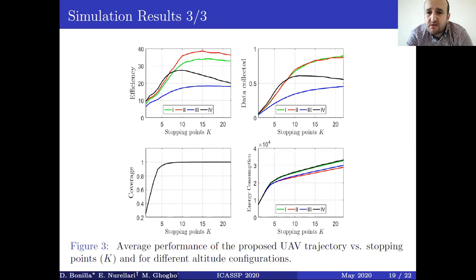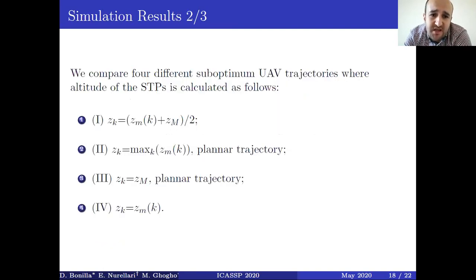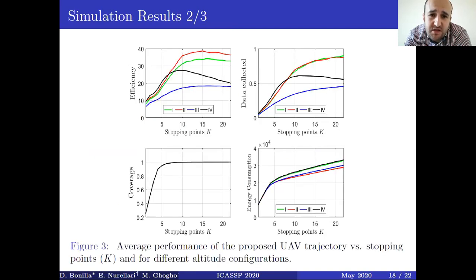Now, these are the results presented for the 4 different scenarios stated previously. As you can see, the case where Z_k is optimized is the curve in red, which gives us the maximum efficiency, maximum data collection, but also requires the minimum energy consumption, which is the lower right-hand corner subfigure.